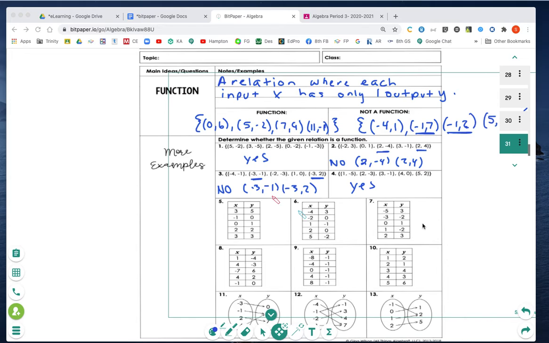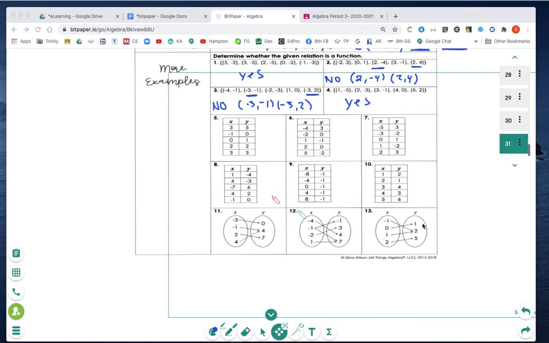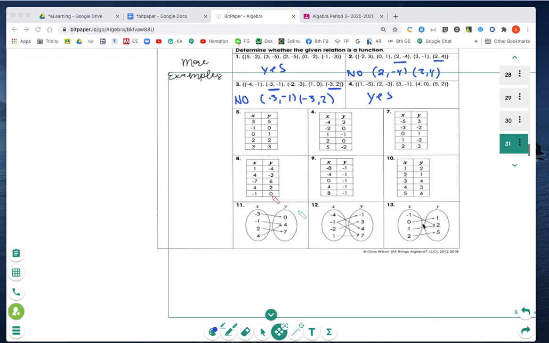Now, I can also give you a table and ask you if it is a function. So when I give you a table, what you're doing is you're going to look just at the x's. Do I have any x's that repeat? You'll notice here that I do. I have a (3, 5) and I have a (3, 3).